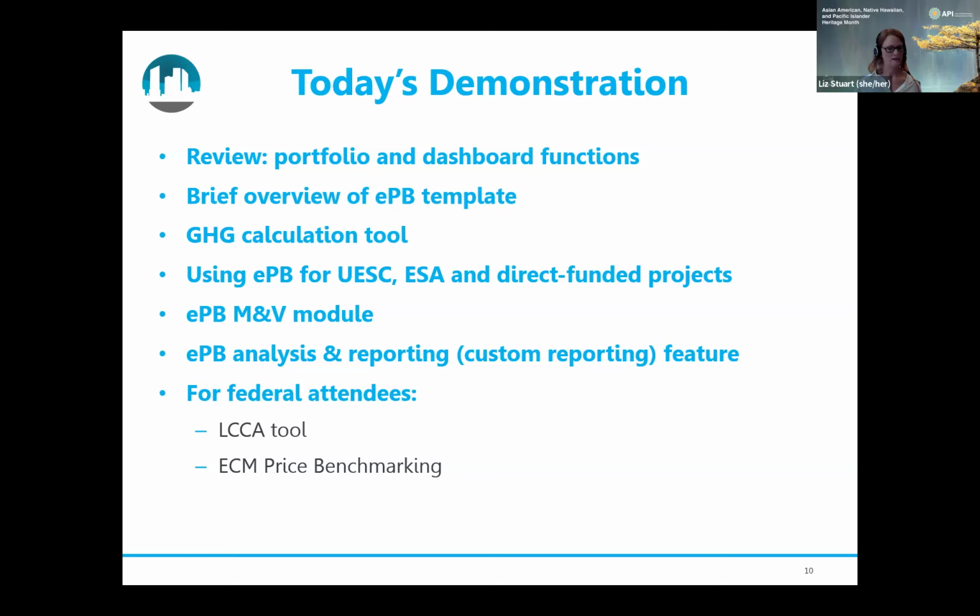ESA in our case means a Federal Energy Sales Agreement, which is a combination of the ESPC and a PPA, and then direct funded projects. We'll take a look at using the ePB M&V template and module. We'll look at the custom reporting feature, and then if there is time and if we have some federal attendees, we can look at the LCCA tool and also the ECM price benchmarking tool.